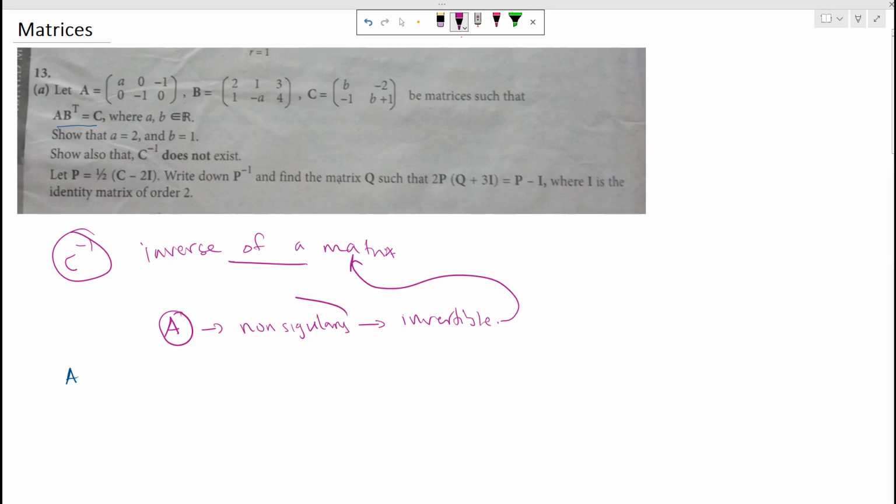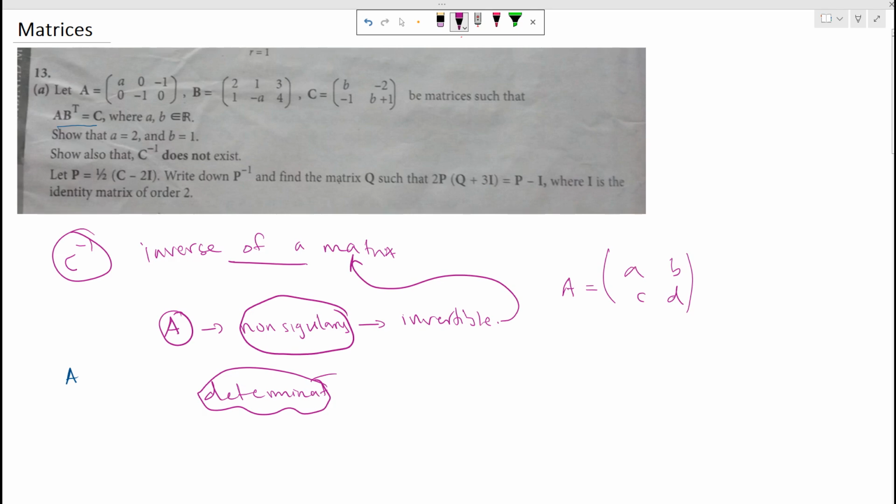Now for determining whether a matrix has an inverse or not, we have to just find out the determinant. Okay. So the determinant is a scalar related to a matrix which you have to calculate, right? For example, in the A-level syllabus, you just want to find out the determinant of a 2 by 2 matrix. So I am just going to take an example. A is equal to a, b, c, d.